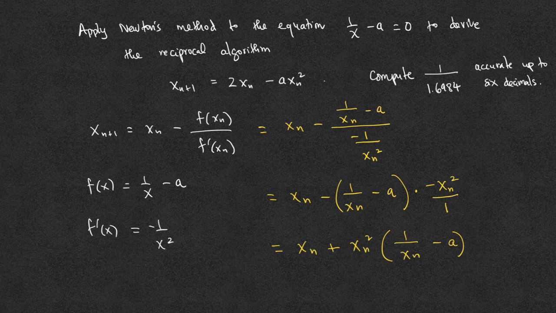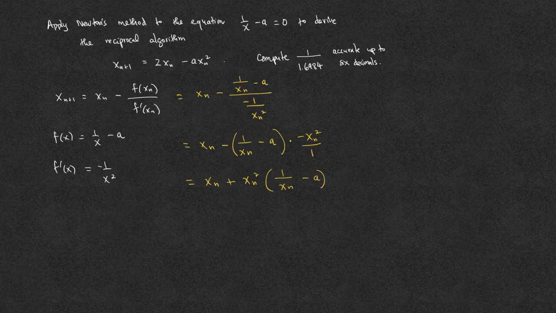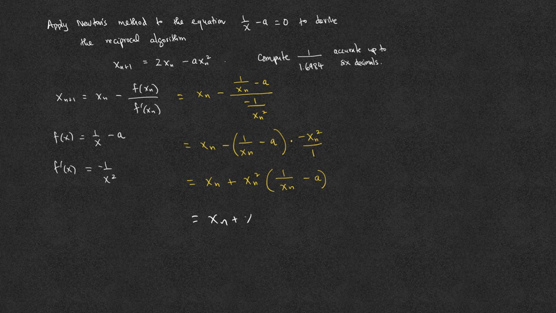To simplify this expression, we find the common denominator. This is x sub n plus x sub n squared times the quantity. The common denominator inside the parentheses is x sub n, 1 minus a times x sub n. This is x sub n plus x sub n squared over x sub n.